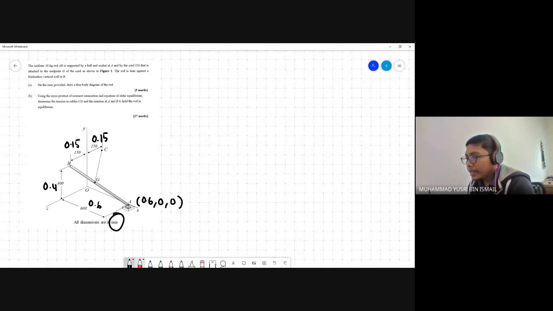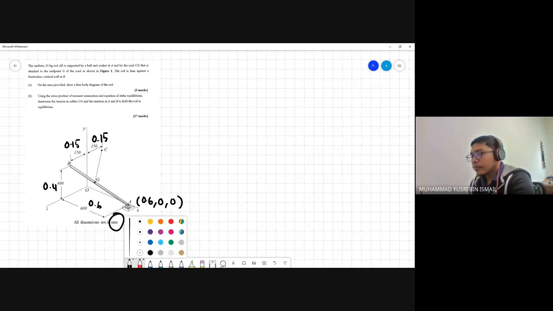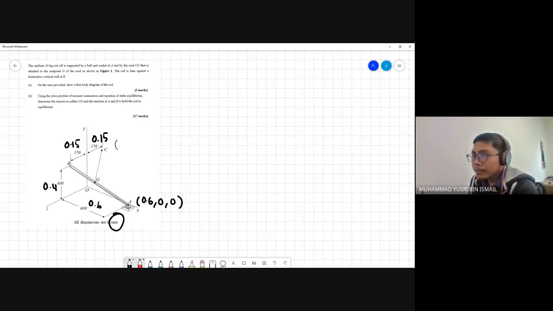For C, it will be 0, then Y is equal to 0.4, and then negative 0.15.